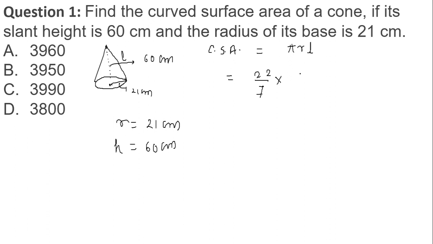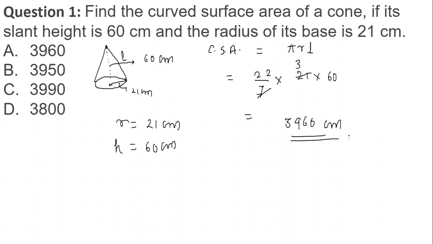So this will be pi r into L. It means pi into r. R will give us 21. Slant height, it means L here, is 60 centimeter. This will give us, 7 3s are 21, 22 times 3 is 66, into 60. This will give us 3960 centimeter square. Got it?